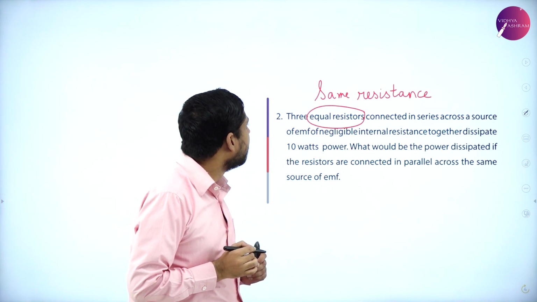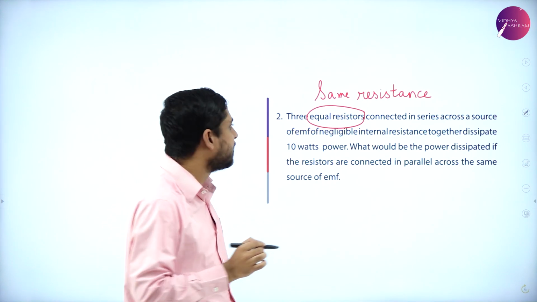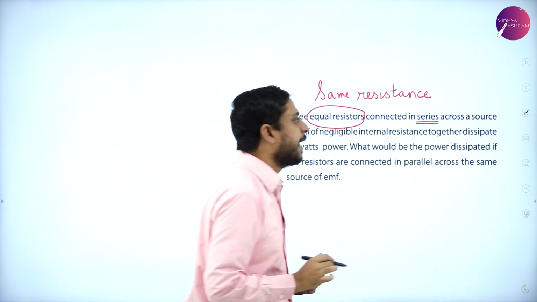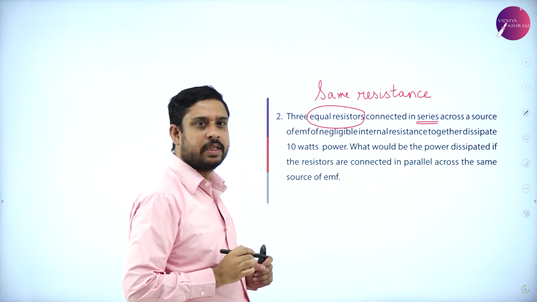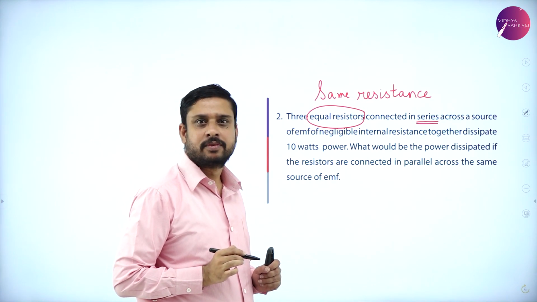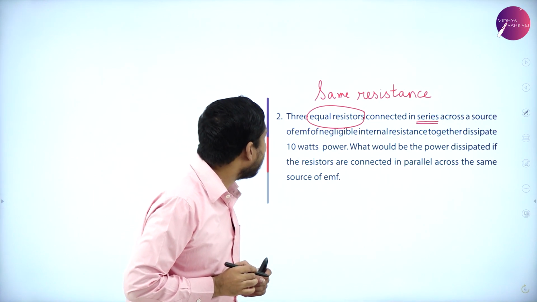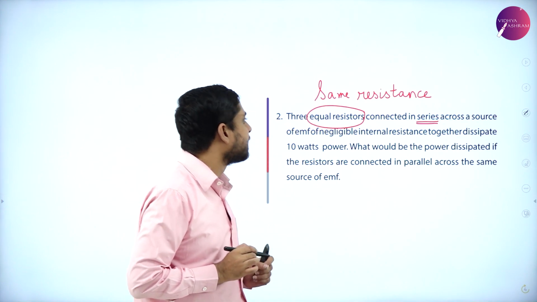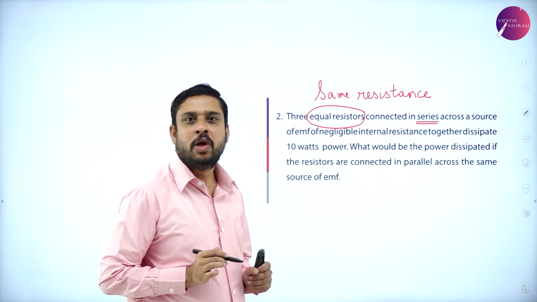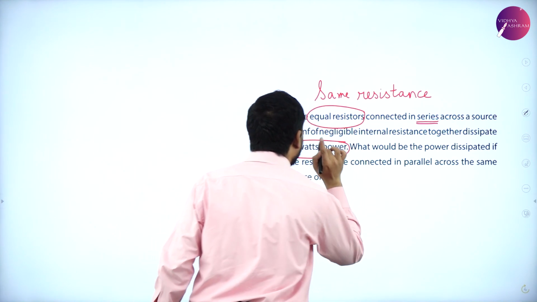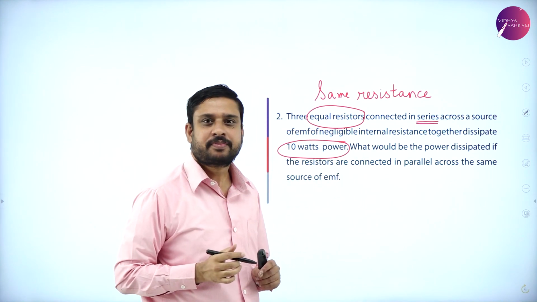So 3 equal resistors are connected in series across a source of negligible internal resistance, together dissipate 10 watts of power.